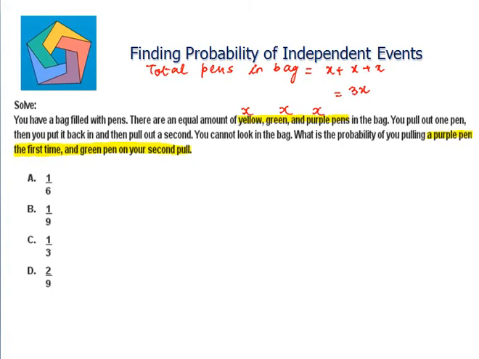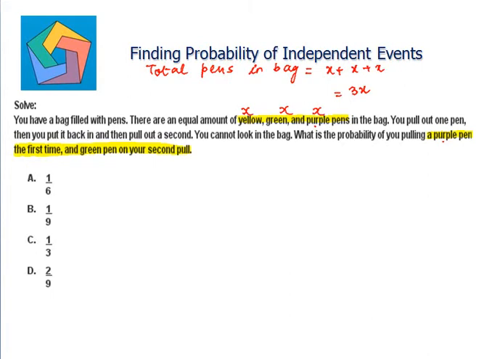So in your first pull, probability of taking a purple pen out. Now probability is given by favorable outcomes over the total outcomes. So when we take out a purple pen, favorable outcomes will be number of purple pens in the bag, that is X, over the total outcomes, total pens in bag, which are 3X.